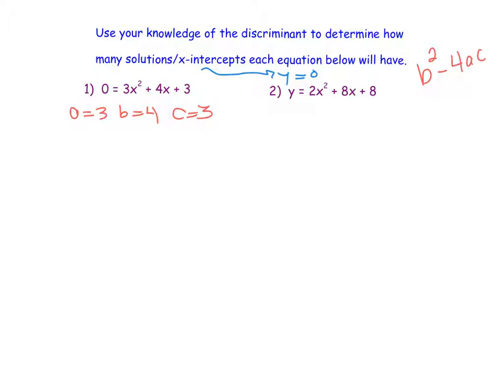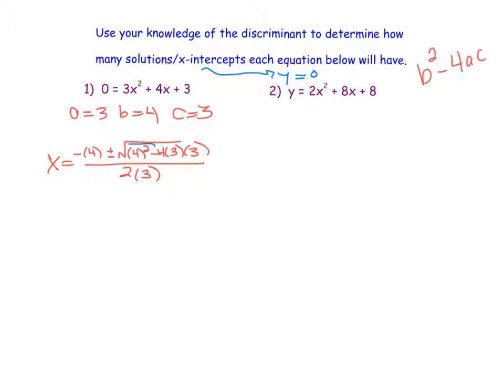You can just focus on the b squared minus 4ac, but I want you to see that connection between what's underneath the square root and how many solutions we will have. So I have my quadratic formula: x is equal to negative b plus or minus the square root of b squared minus 4 times a times c, all divided by 2 times a.